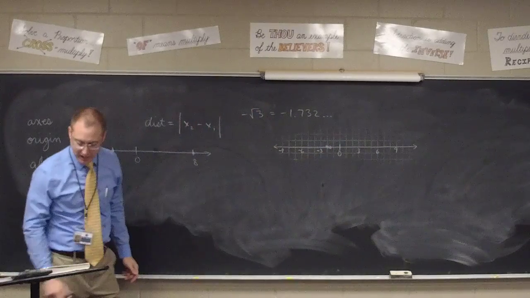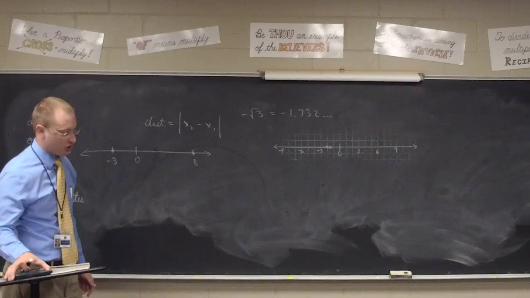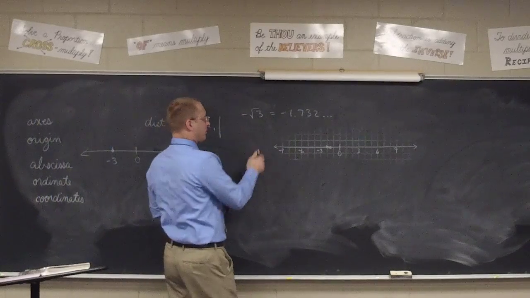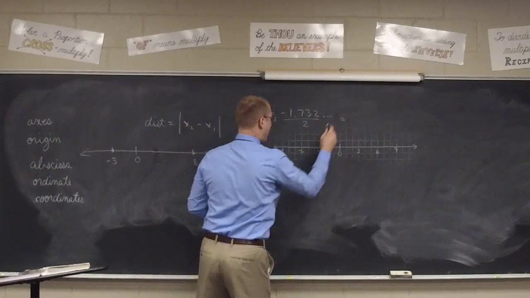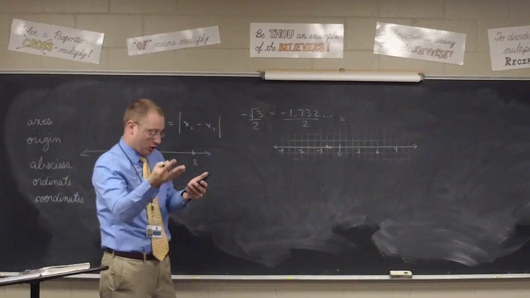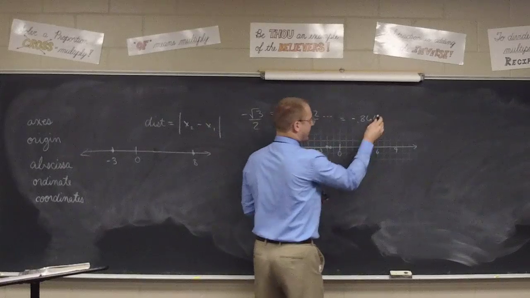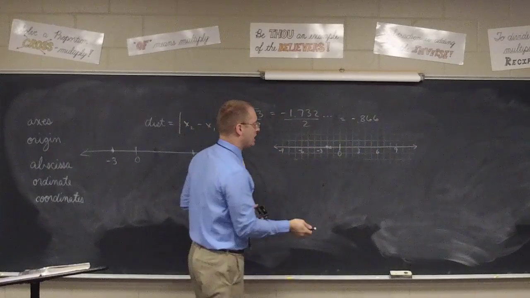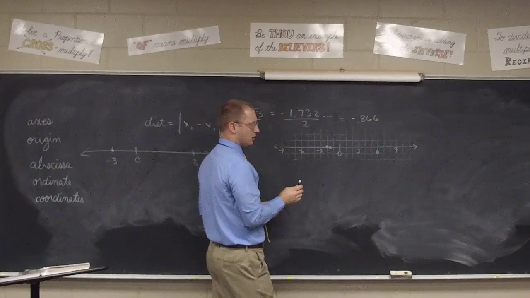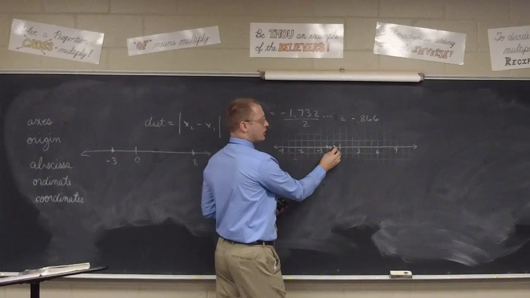The next point they want us to plot is -square root of 3 over 2. So if this is -square root of 3, then if I just divide it by 2, I'll get -square root of 3 over 2. So divide that answer on the calculator by 2 to get -0.866 if you still have that fix on. So where would that be? Below 1. Here's the -1.